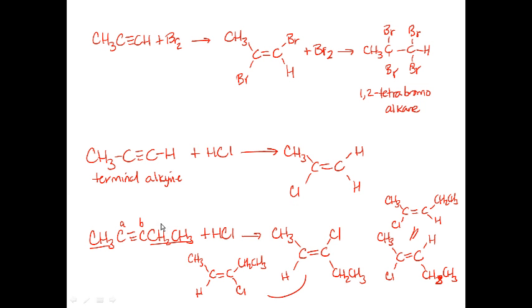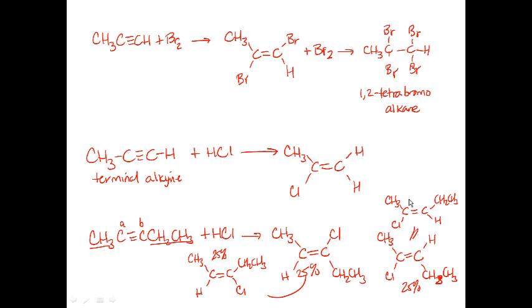Okay, so that's the only thing we have to really be concerned about with the alkynes: if we have unsymmetrical internal alkynes, then we're going to get mixtures of these different products. And so I would have gotten 50% of the two products on the left, 50% of the two products on the right, which means overall I would have gotten 25% of each of these products.